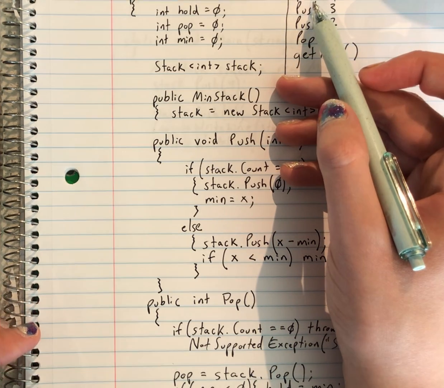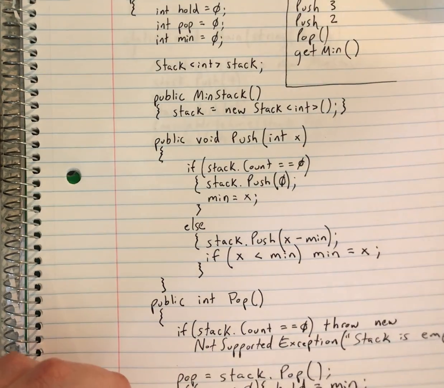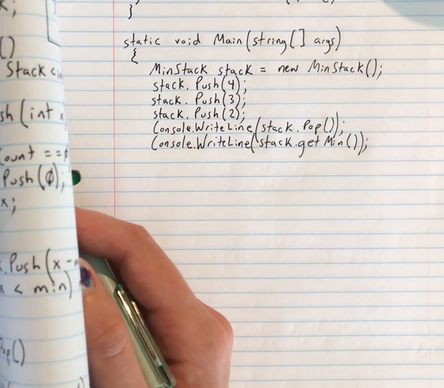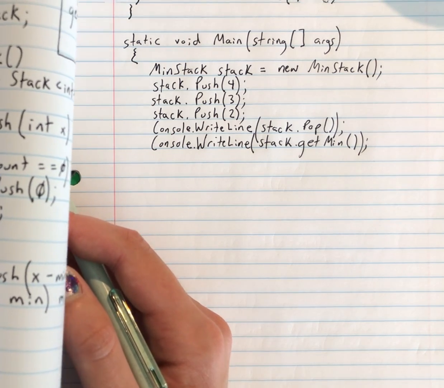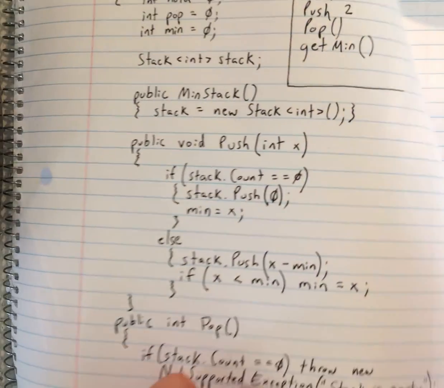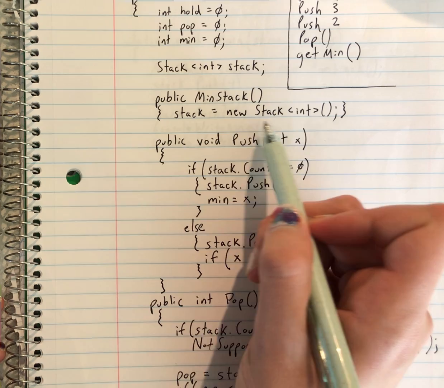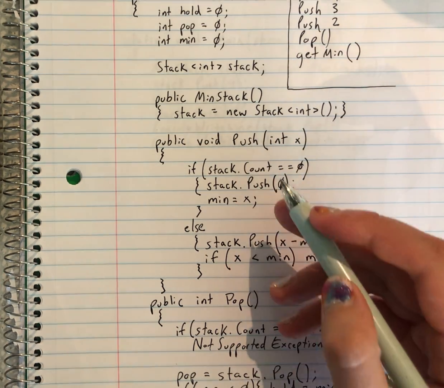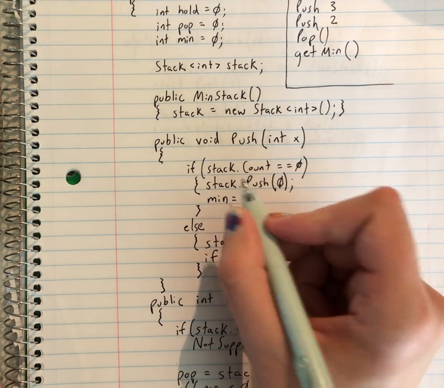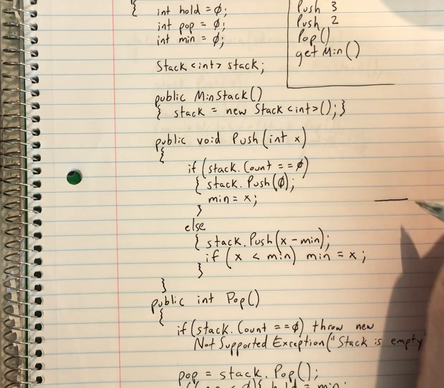So first of all, when we initialize the new stack, that created a new instance of the stack. So we're going to push 4, and let's draw out our stack here.